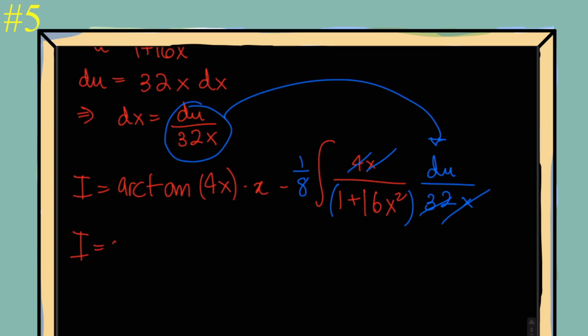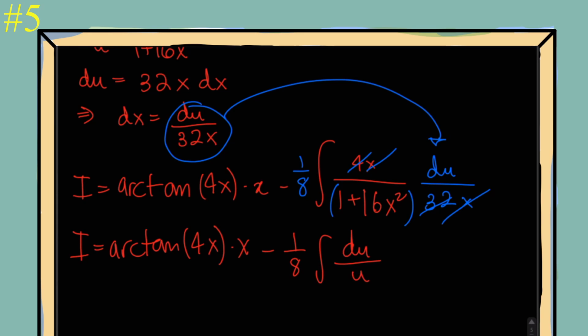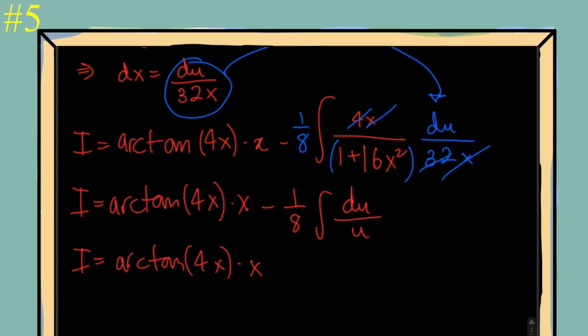I is equal to arctan of 4x times x minus 1/8, the integral of du over u. So the integral of 1 over u is ln of absolute value.